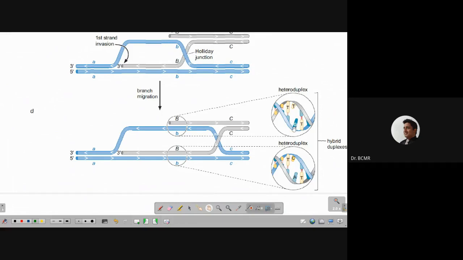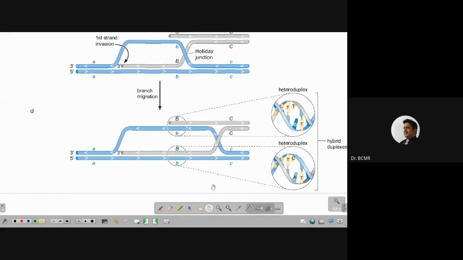T and G. So there is informational exchange between these two strands. Because of homologous recombination, there is an exchange of information. And similarly, in the lower strand, this is the capital B sequence. It should have been AAT, and the small b sequence is TCA. This is again a mismatch.